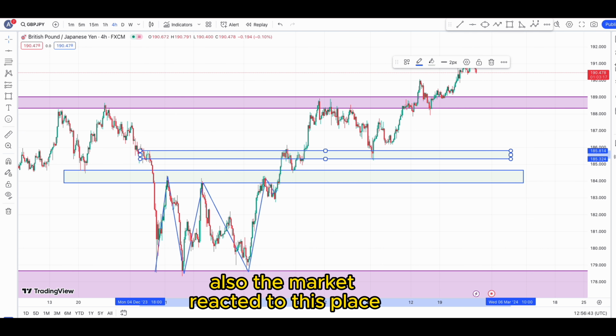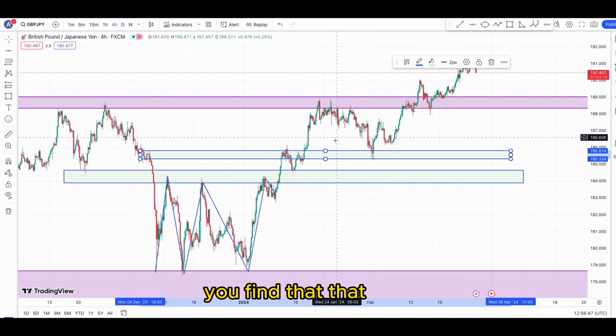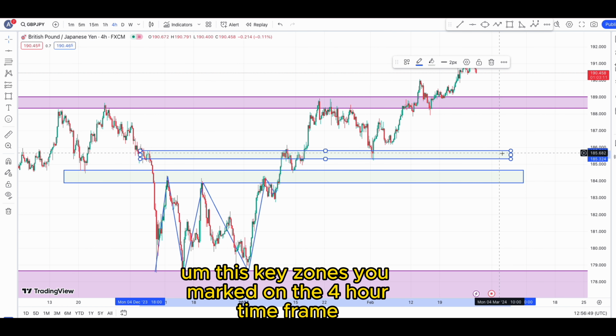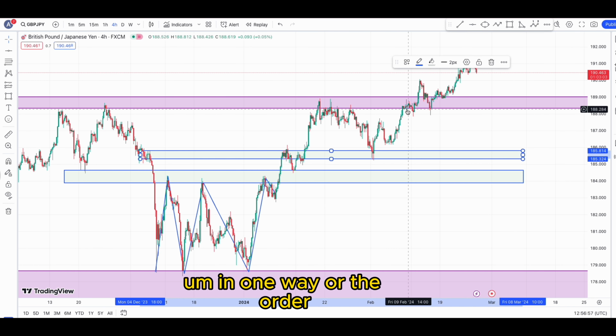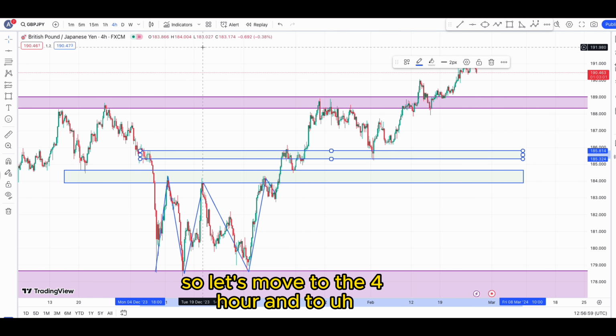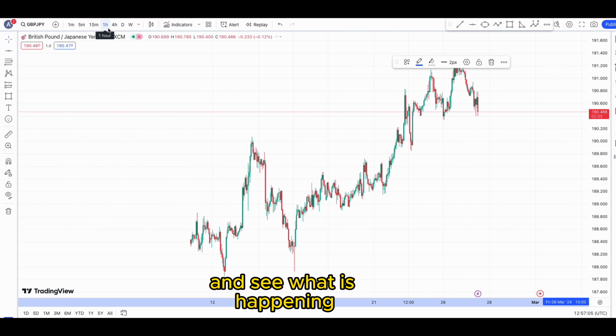The market reacted to this place, because if you go to a lower time frame, you will find that these key zones you marked on the 4-hour time frame are places where the market reacts in one way or the other. So let's move to the 4-hour and let's go to the 1-hour time frame and see what is happening.